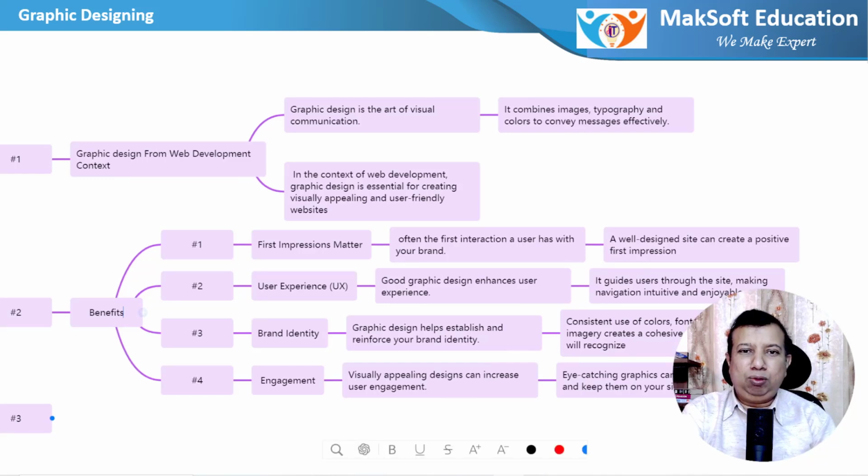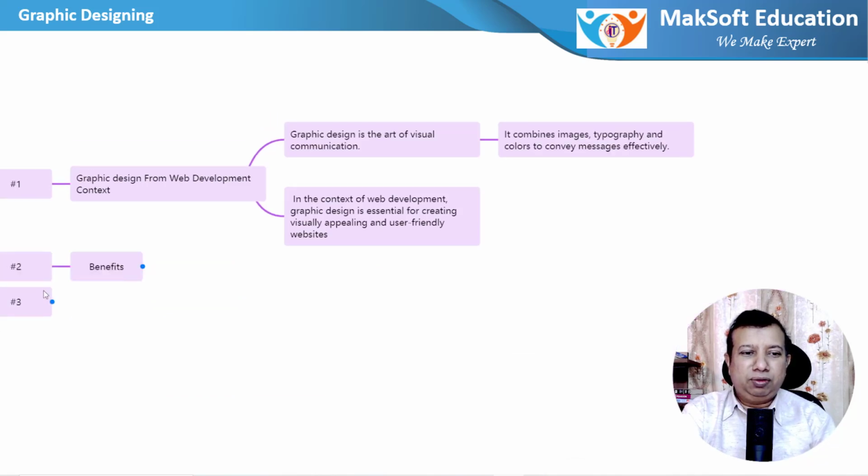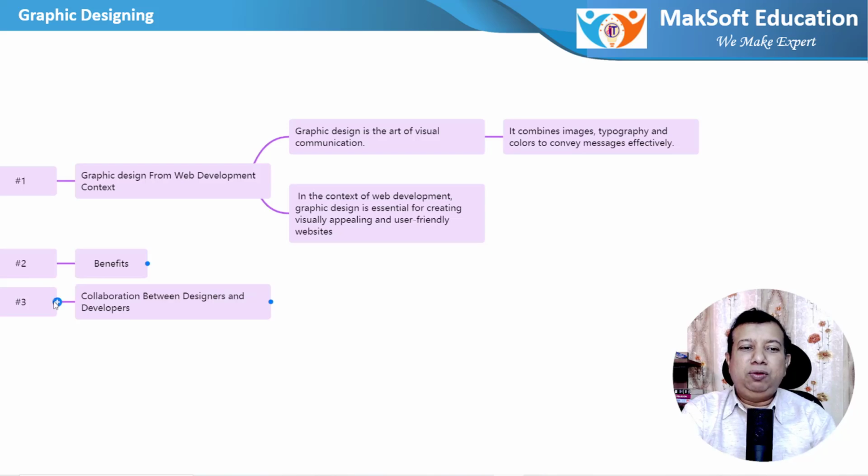Now coming back to the third point. Now what actually is the third point? Here I am just going to explore that you need to collaborate with a designer and developer. If you are a good graphic designer, you need to collaborate your work with a web developer, or you are a web developer and you also have graphic designing skills, then you need to work on 2 different skills.